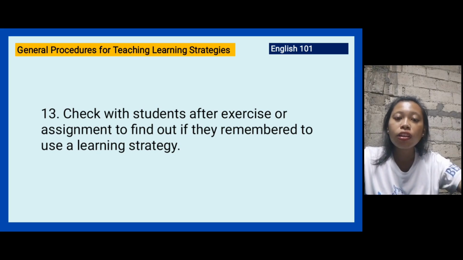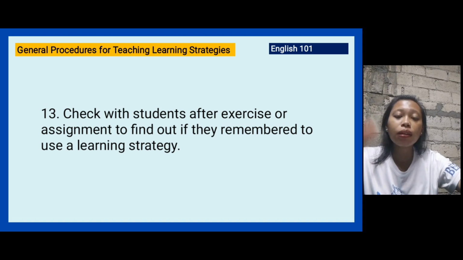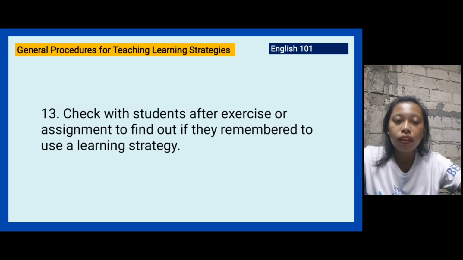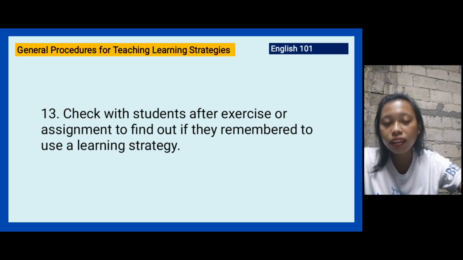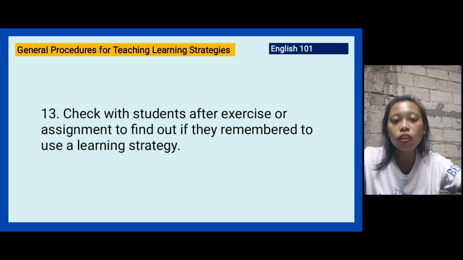Why? Because this helps students evaluate their learning process and improve their strategy use. Example, you have to ask, did summarizing help you understand the reading better? If not, how can you change your method next time?